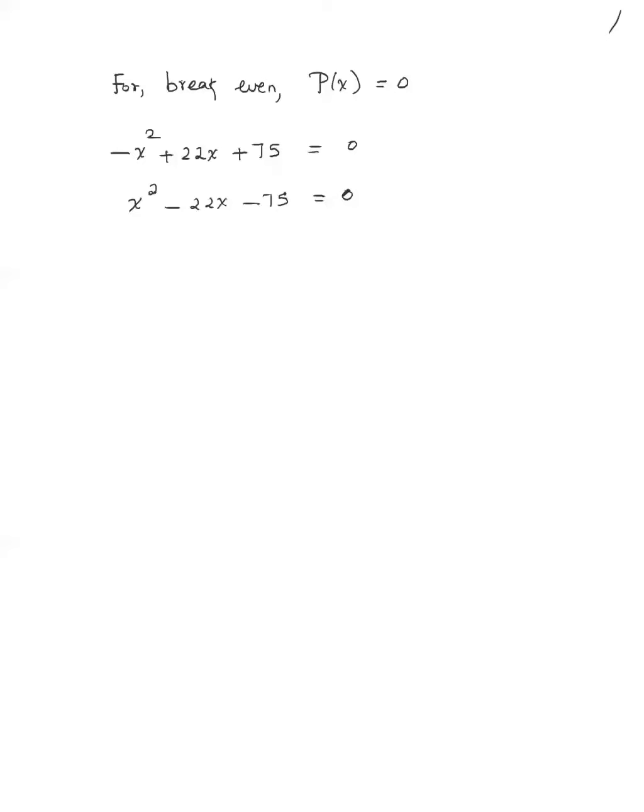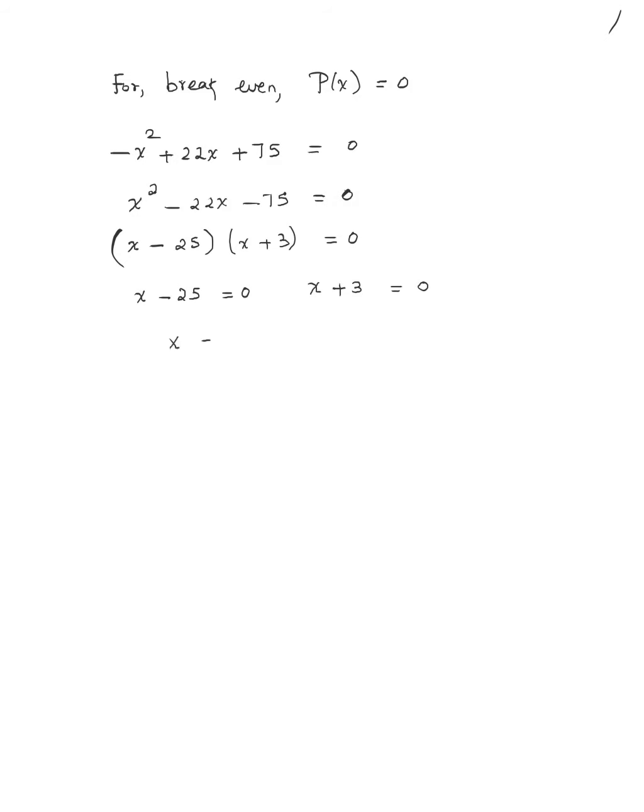What are those two numbers? Those numbers are going to be negative 25 and 3, because negative 25 times 3 is negative 75, and when we add them, we get negative 22. So x minus 25 equal to 0, or x plus 3 equal to 0.